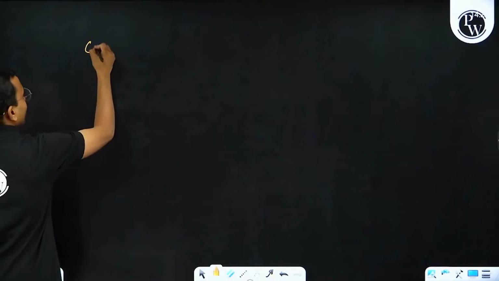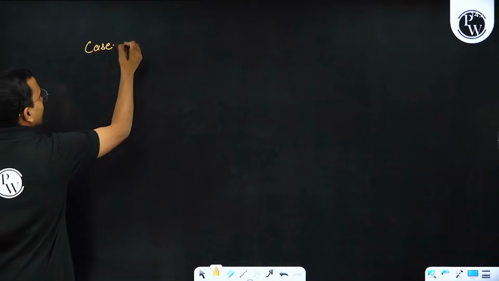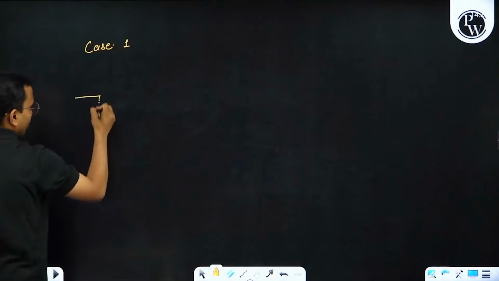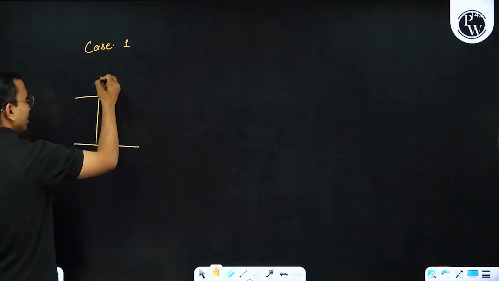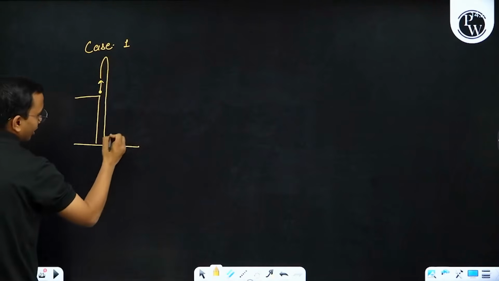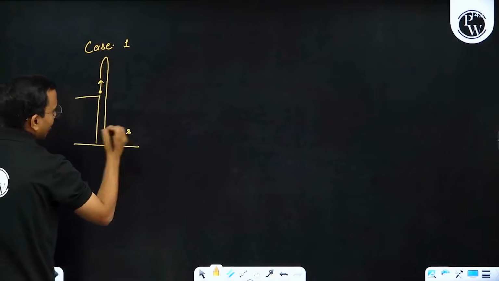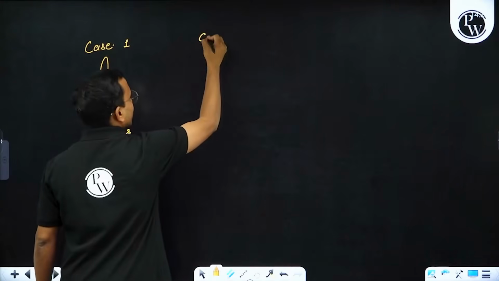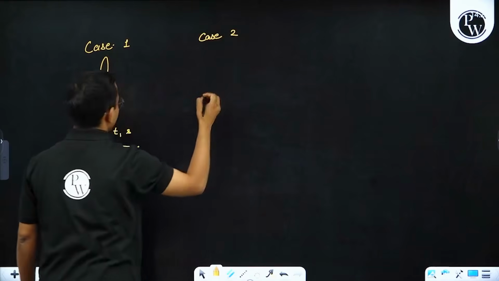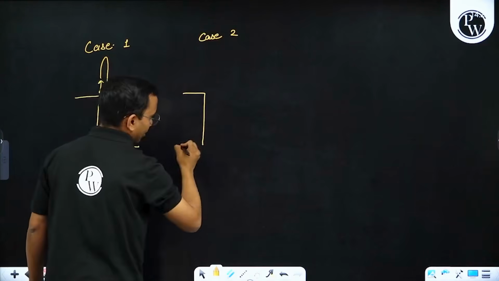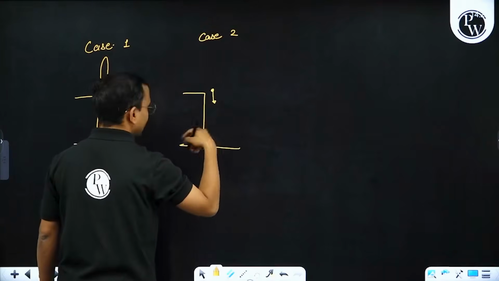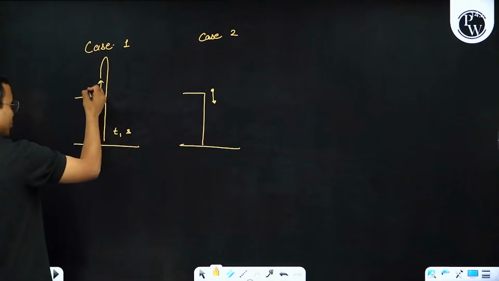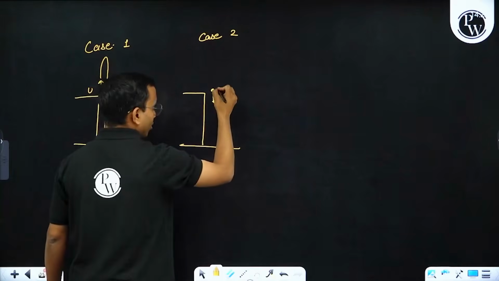If I say case 1, it is thrown like this, it reaches the ground in t1 second. Case 2, thrown vertically downward with the same velocity. If the velocity was u here, it is u.